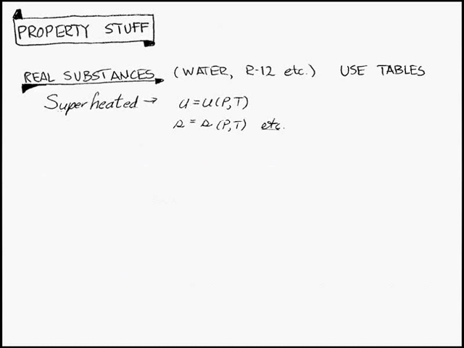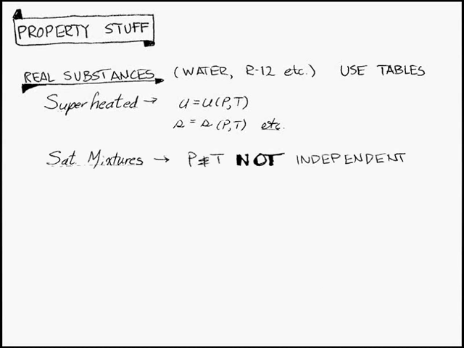But basically, any intensive property is fixed when I know two independent intensive properties. How do you find those? You'll look them up in tables. Okay. On the other hand, if I have a mixture of both a liquid and a gas, then pressure and temperature are not independent.